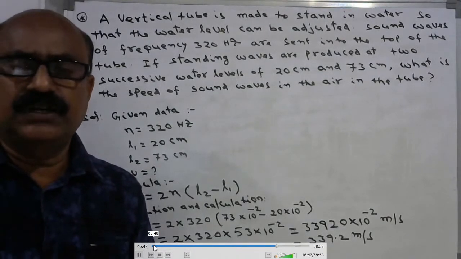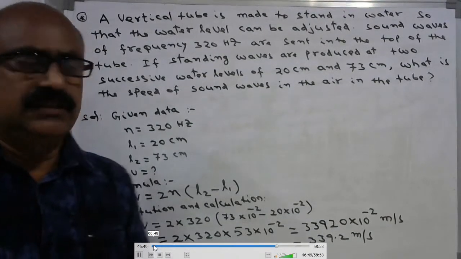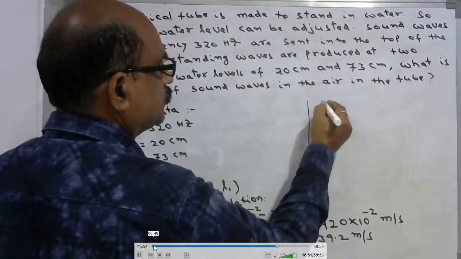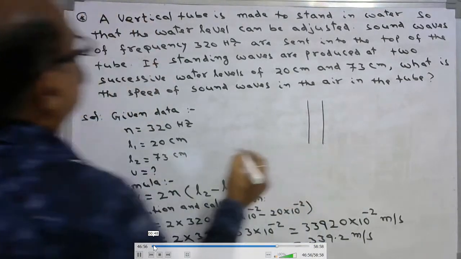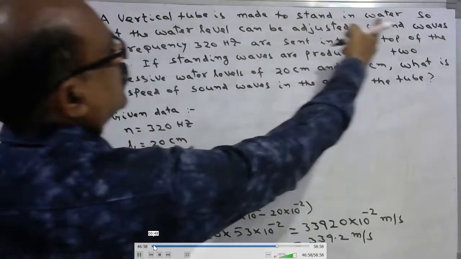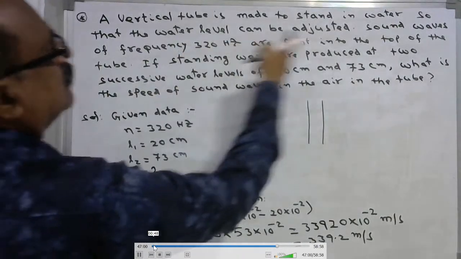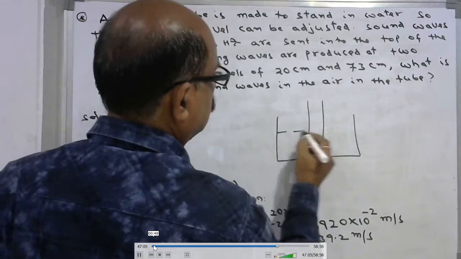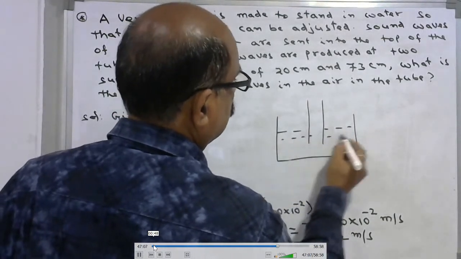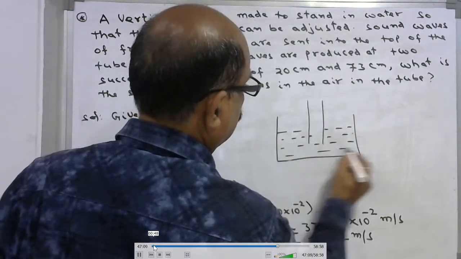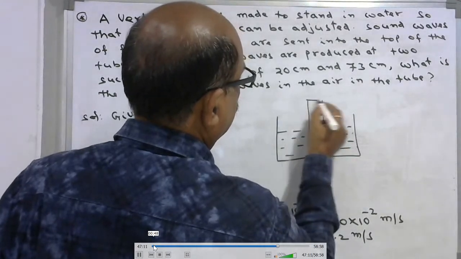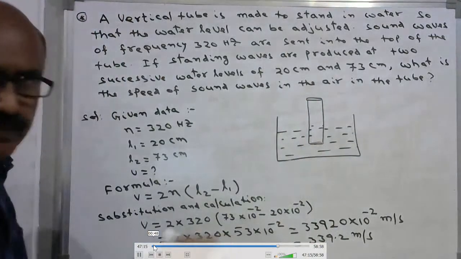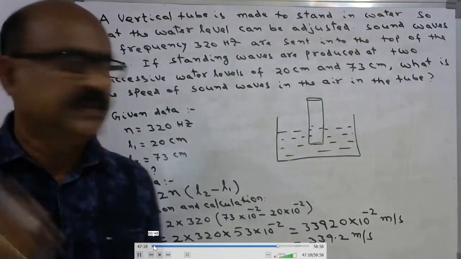First of all, you have to understand that a tube can be adjusted in water. A vertical tube is made to stand in water so that the water level can be adjusted. You can just keep the tube like this, and the water level can be adjusted by dipping it or by raising it.